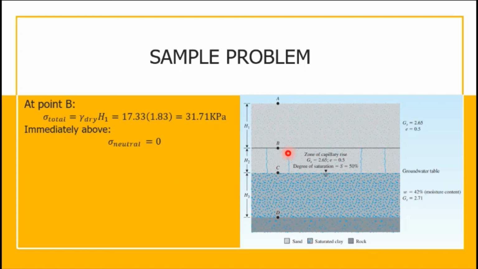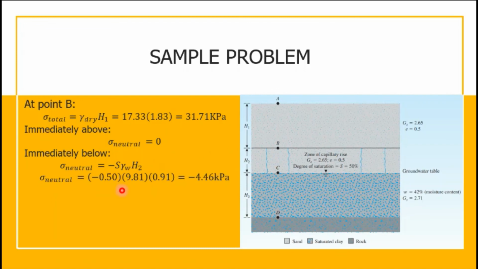And if it's immediately below, this will be equal to the negative degree of saturation multiplied by unit weight of water multiplied by the height from the groundwater table of the point, and that would be H sub 2.